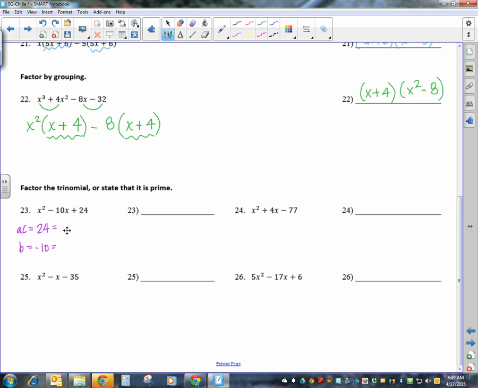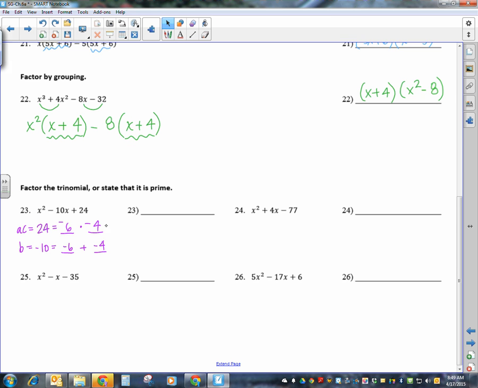So you're looking for two numbers that multiply to give you 24 and add to give you negative 10. So if they add to give you negative 10, then both of these are going to have to be negative. So hopefully you know that a negative times a negative is a positive. So the factors of 24 that add up to 10 are 6 and 4. And actually I was supposed to do this on the side. That's negative 6 and negative 4.